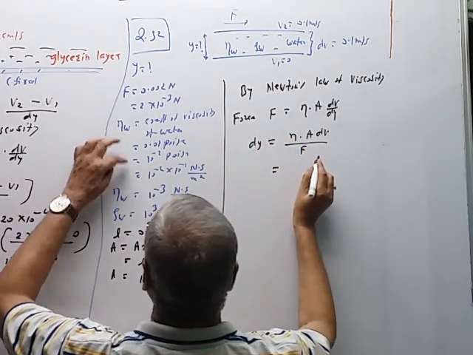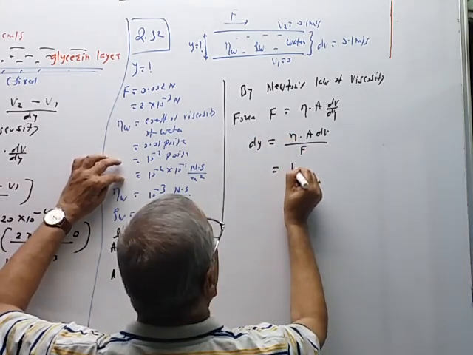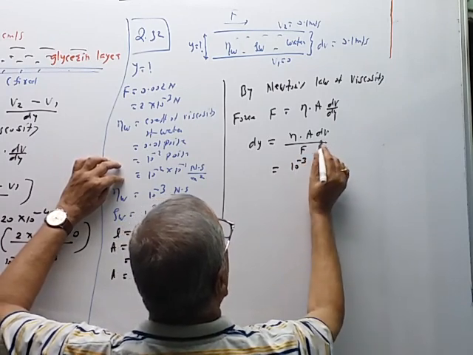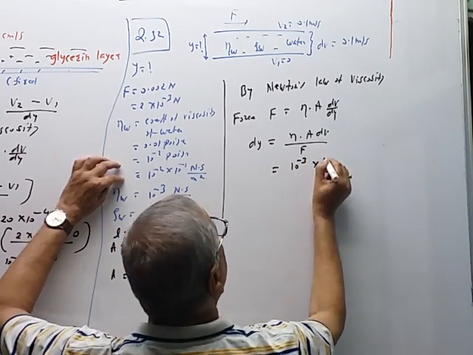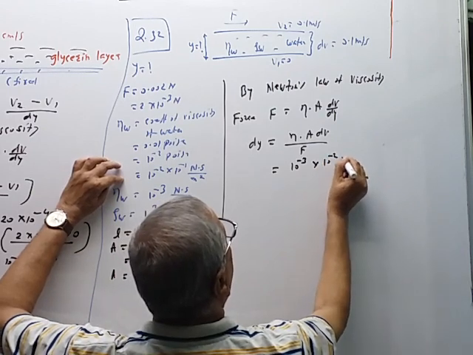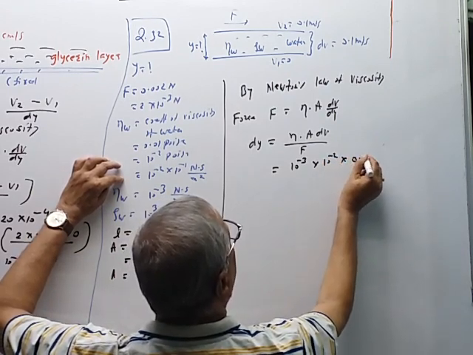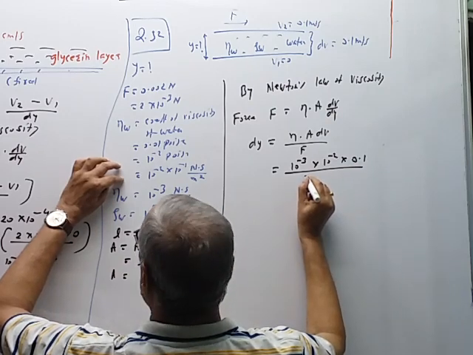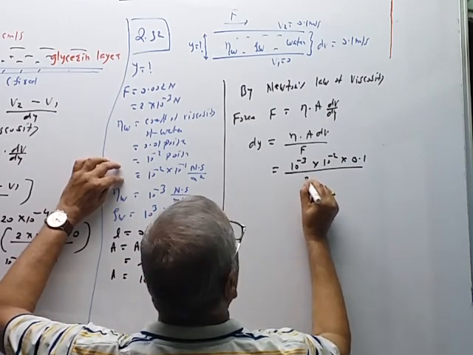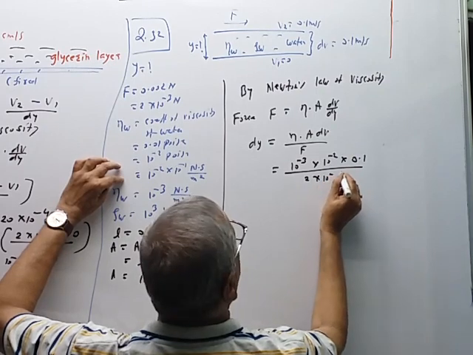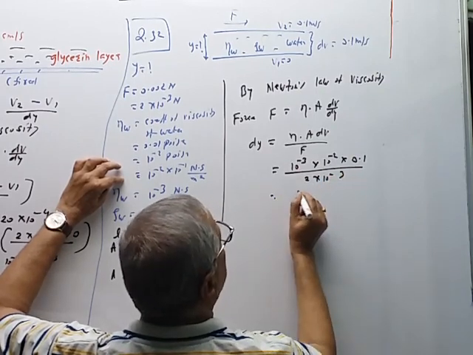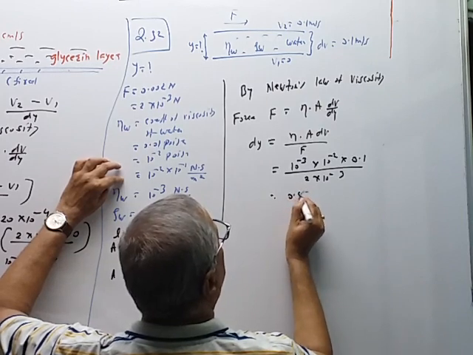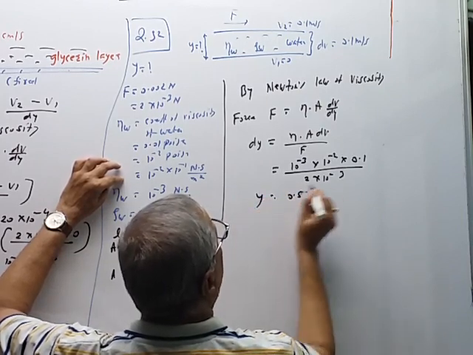So we know all these values. Eta, the coefficient of viscosity, is 10 raised to minus 3. Area is equal to 10 raised to minus 2, and velocity is equal to 0.1, upon F, the force required, which is equal to 2 into 10 raised to minus 3. So 10 raised to minus 3 will get cancelled. So 0.5, dy is equal to y.